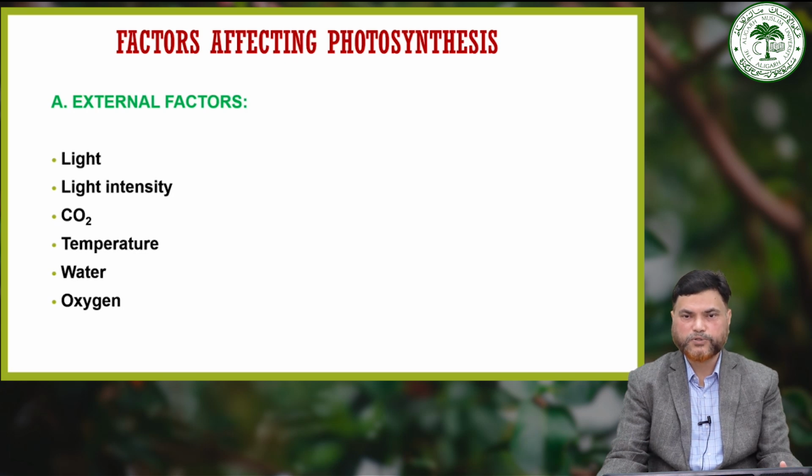So, basically this principle helps to explain how multiple factors such as light, temperature, carbon dioxide concentration interact to determine the rate of photosynthesis. Now, you see on the slide that there are different factors like light intensity, carbon dioxide concentration, temperature, water and oxygen. So, we will discuss one by one how these factors affect the rate of photosynthesis.